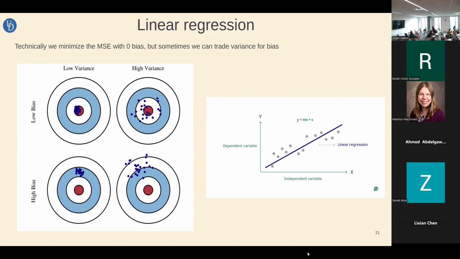It's just sort of the absolute heuristic of distance between your target and your prediction. And it turns out that mean squared error is actually a composition of bias and variance: variance plus bias squared, I believe. And so because of that, you always have a trade-off between bias and variance when you're doing machine learning or any sort of modeling.